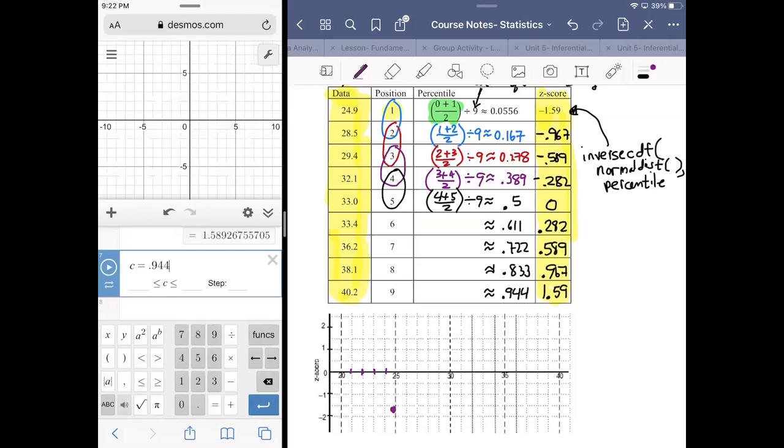The next entry, 28.5, against a little bit shy of negative 1. So that's going to put it right about there. Then 29.4, a little bit shy of 29.5, so a little bit short of the halfway point between the 29 and 30.